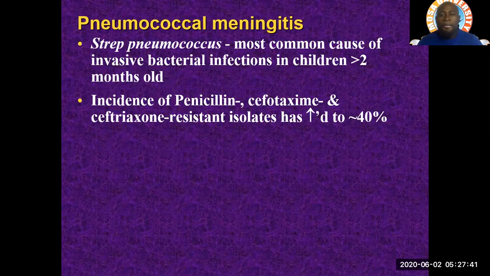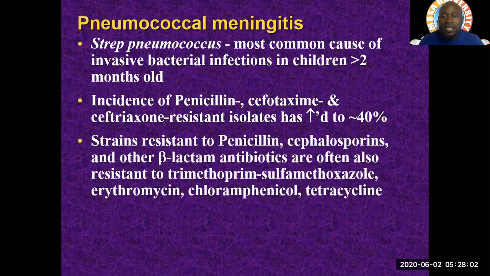When we do culture and sensitivity, you find that patients with pneumococcal meningitis are resistant to even the drugs that we give, like penicillin, cefotaxime, and ceftriaxone. This resistance has lately increased to 40%.